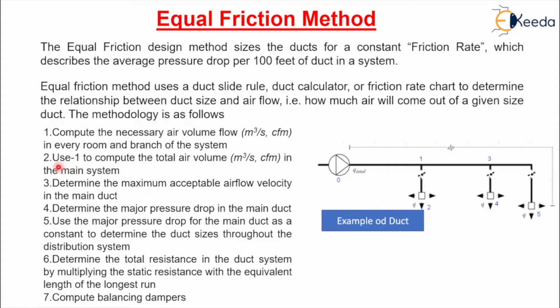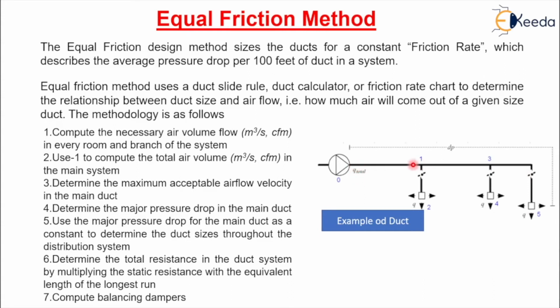Now use this to compute the total air volume flow rate from this pump, or compressor. That will be x1 plus x2 plus x3 CFM. Now I have calculated the total CFM in this duct. This is the main duct, this one is the main branch duct, and this one is the branch duct. Now I think it is clear.